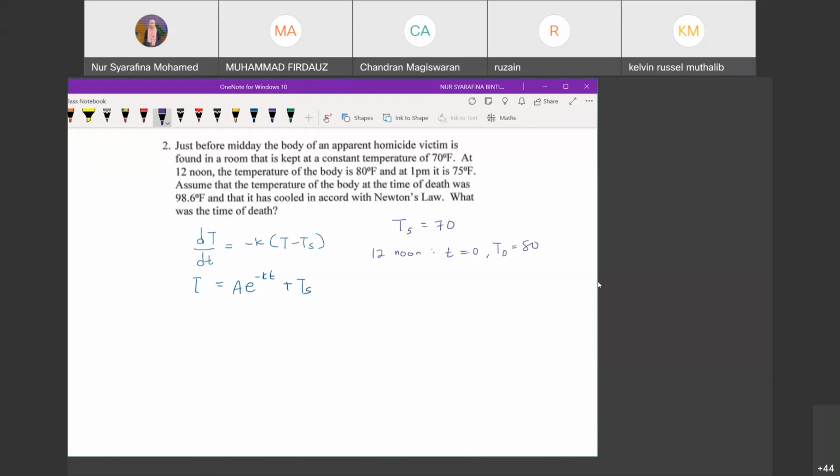And then at 1 p.m., so this one we use hour. When t equals 1, after 1 hour, the temperature becomes 75.